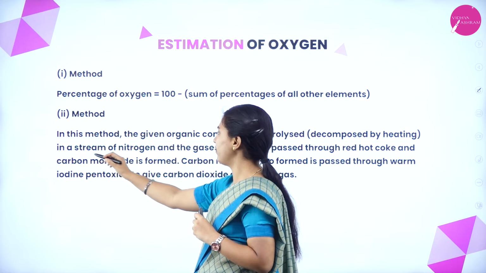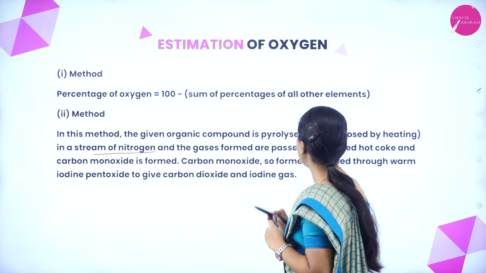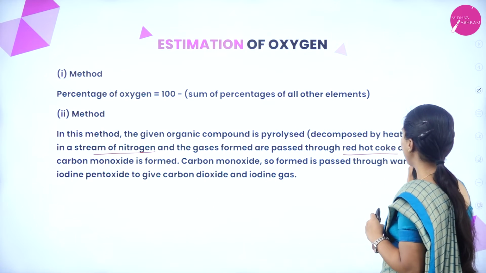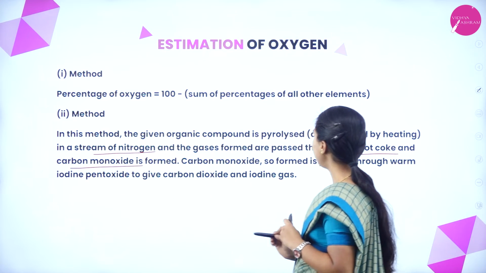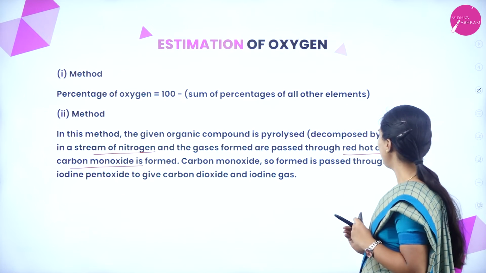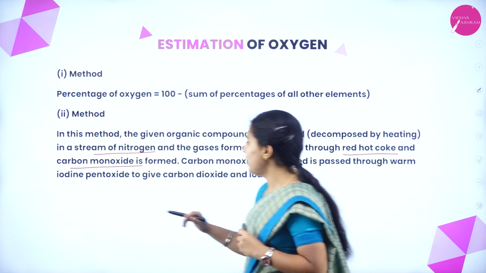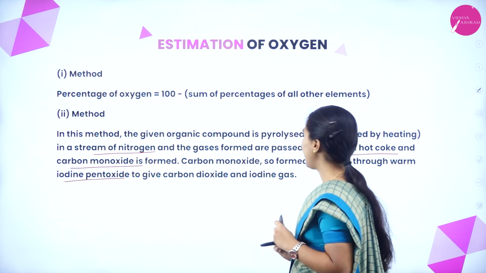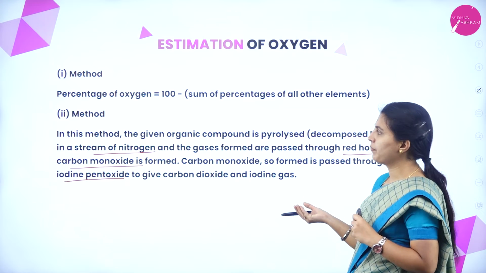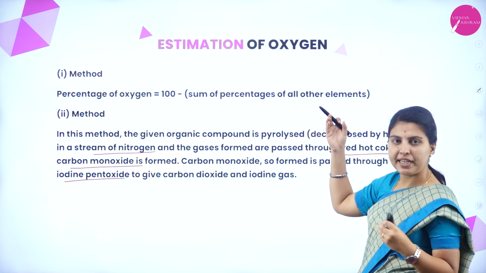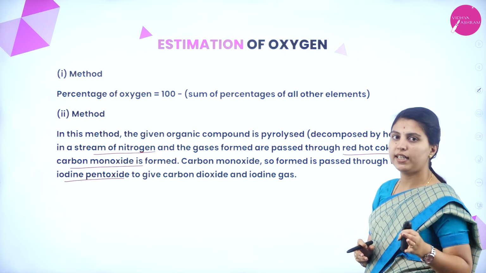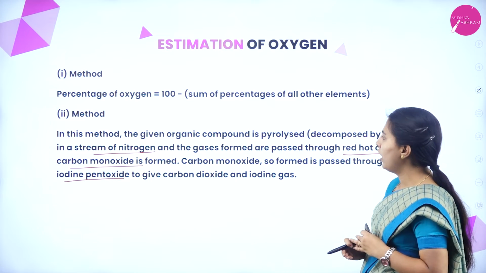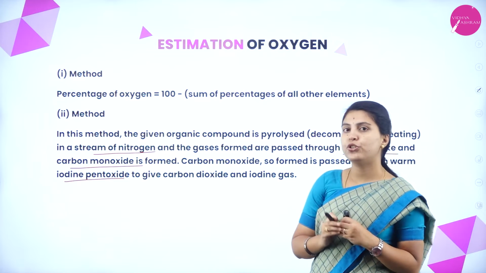heating in a stream of nitrogen, and the gases formed are passed through red hot coke and carbon monoxide is formed. The carbon monoxide so formed is passed through warm iodine pentoxide to give carbon dioxide and iodine gas. One method is subtracting the sum of percentages of all the other elements, or the organic compound should be pyrolyzed.